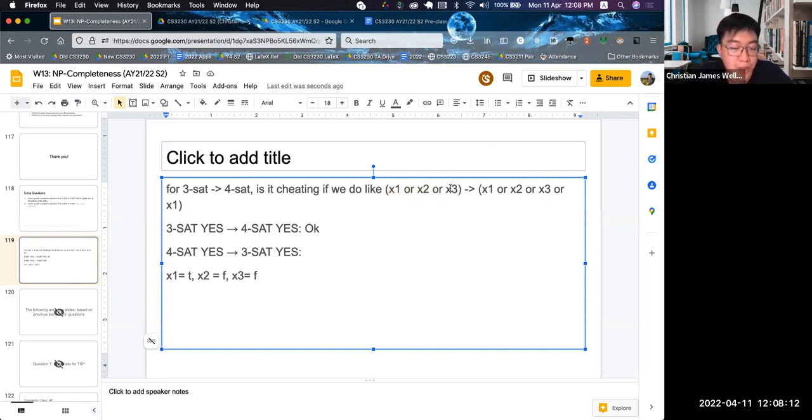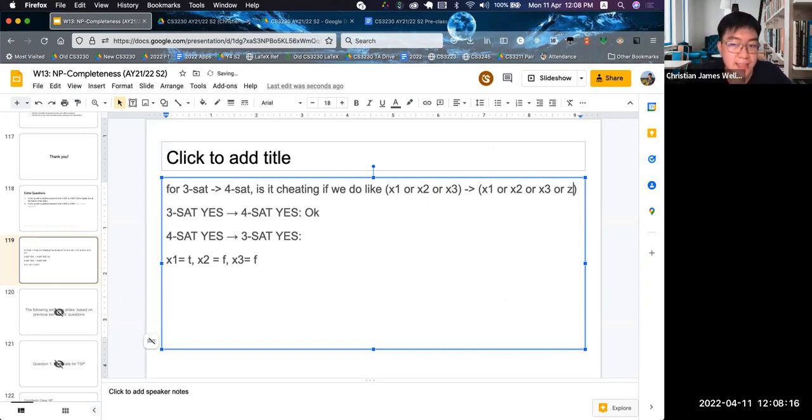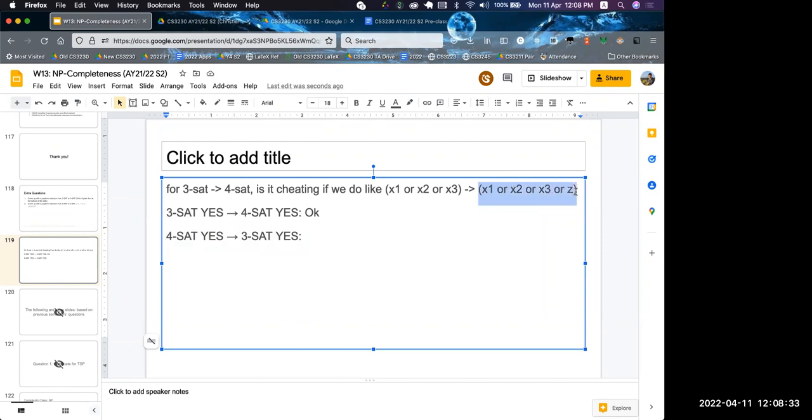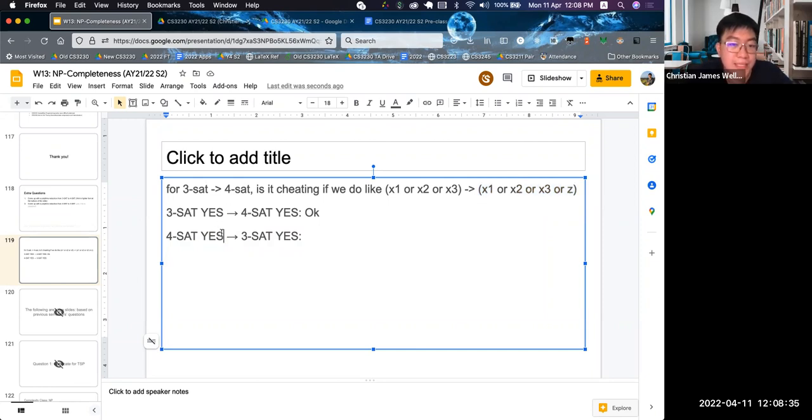The subtle difference if you introduce a new variable z is this. I want to argue that for set yes implies tree set yes. I know that one of x1, x2, x3, or z must be true, because that is what it means for the clause to be satisfied.